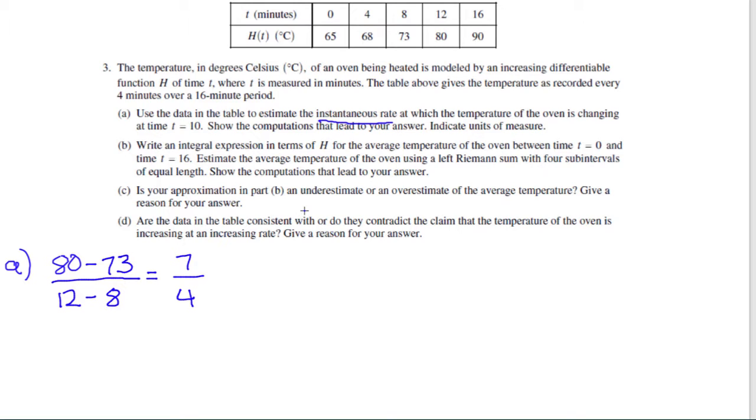This is going to be an estimate of a rate, so degrees Celsius per minute. We know it's a rate since this has to be divided by minutes.